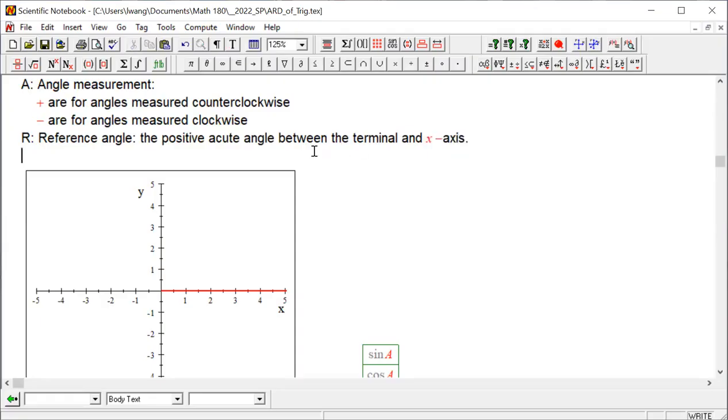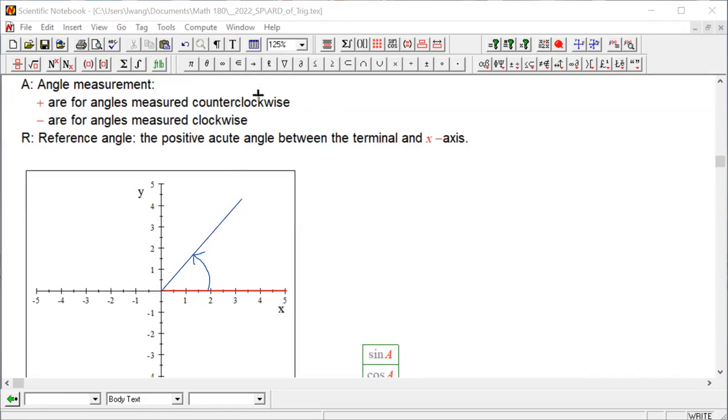Between the terminal and the x-axis. All right, for example, suppose I measure an angle, of course from the standard position, in the first quadrant. If I measure this angle over here, it terminates, and the terminal is right here.